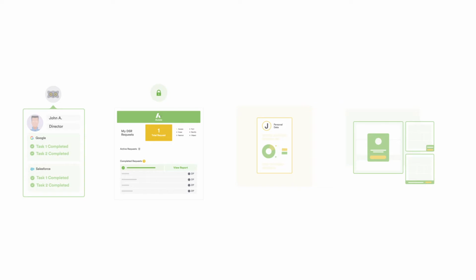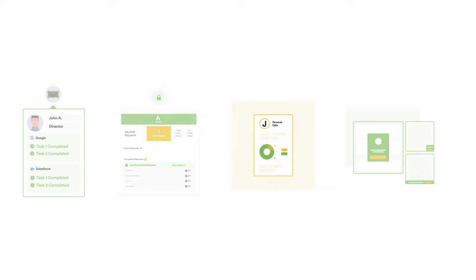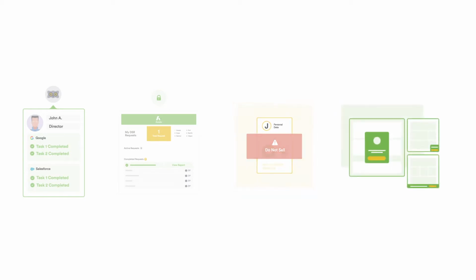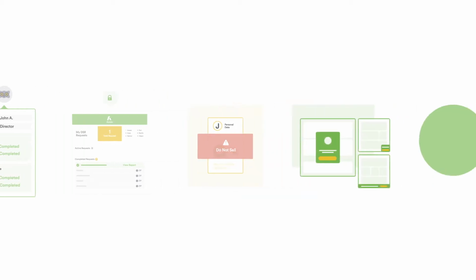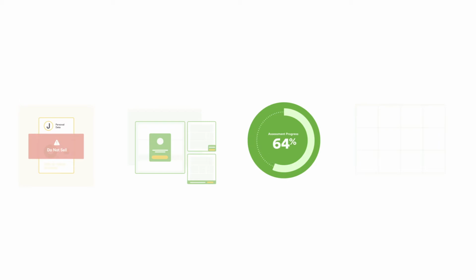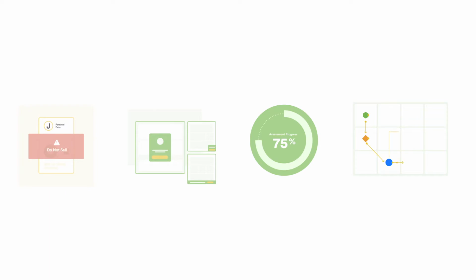How to share data securely with the person requesting the data. How to implement do not sell request workflows. How to implement flexible opt-out mechanisms, how to monitor and manage readiness against CCPA compliance internally and across the vendor ecosystems, and how to map data flows within the organization to identify risks and maintain compliance.